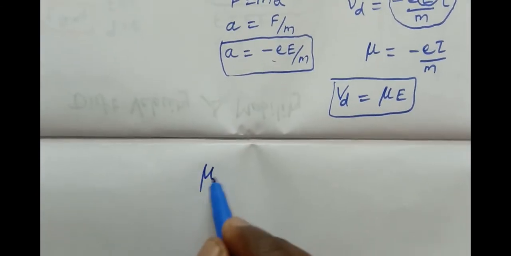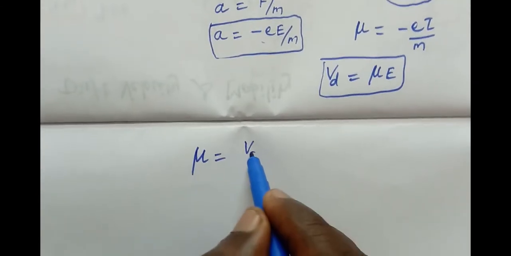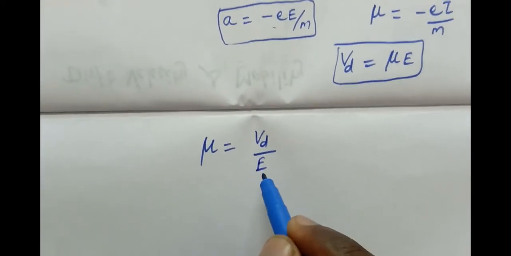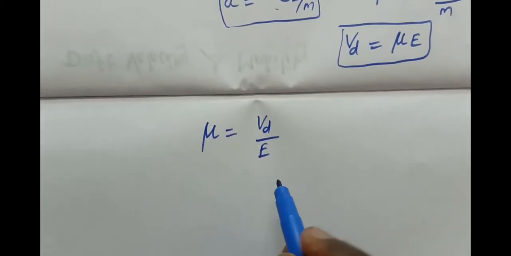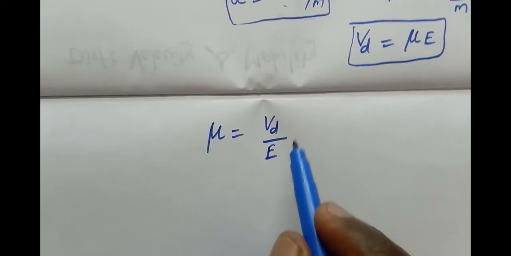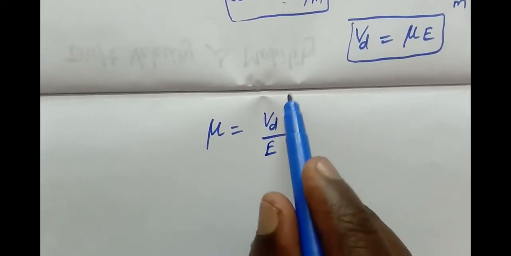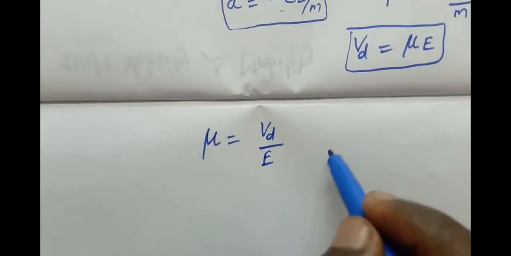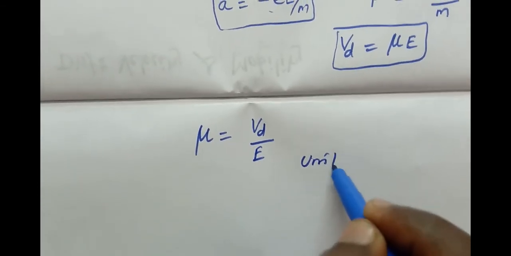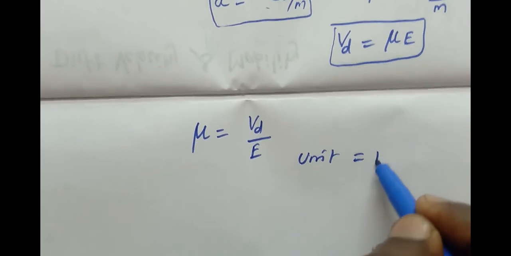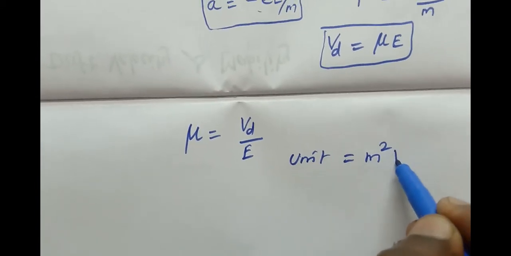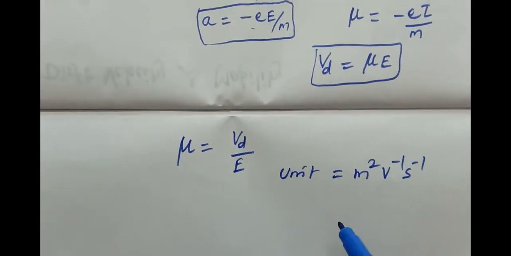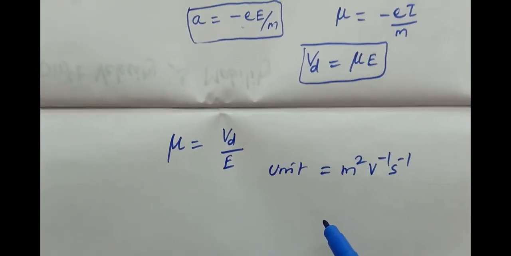Mobility mu is equal to drift velocity per electric field. So students, mobility is defined as drift velocity acquired per unit electric field and its unit is meter square per volt per second. Are you clear, children? This is an important one.